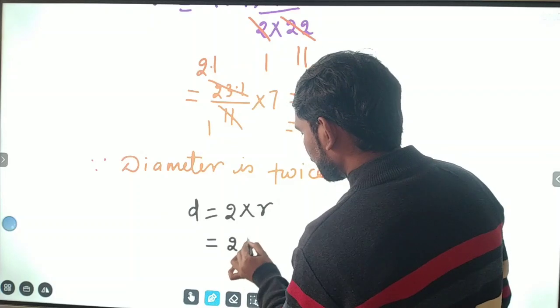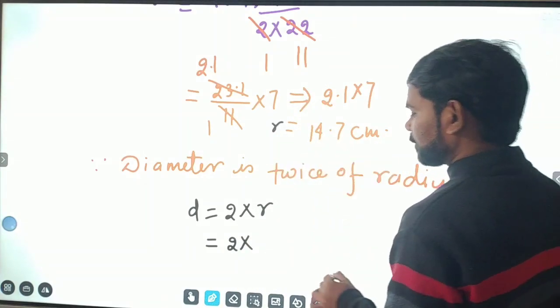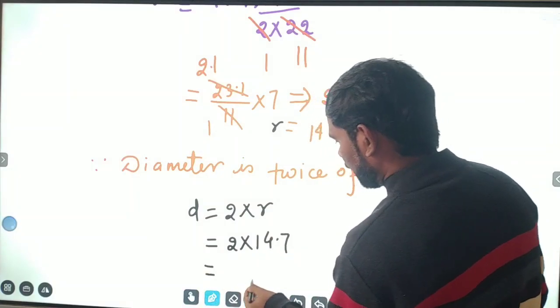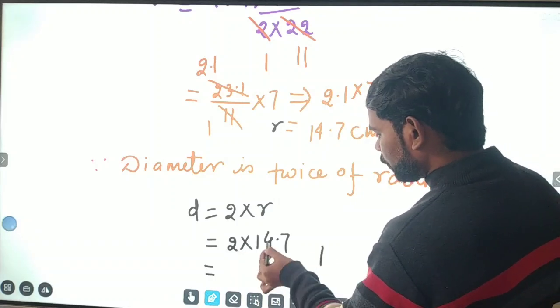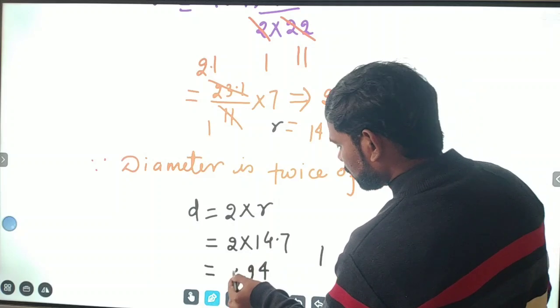So that 2 into, and the value of r is 14.7, so we write 14.7, and after the multiplication, 2 7s are 14, carry 1, 2 4s are 8 and 8 plus 1 is 9 and 2 1s are 2.